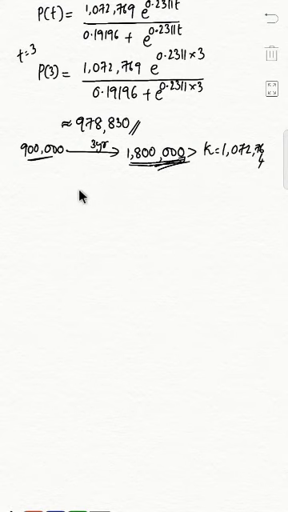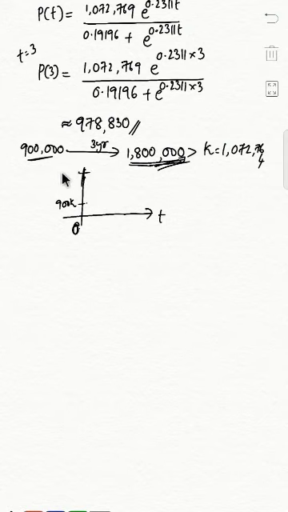So let's say this is time t, and the population at time 0 is 900k. The curve of the population will be like this.